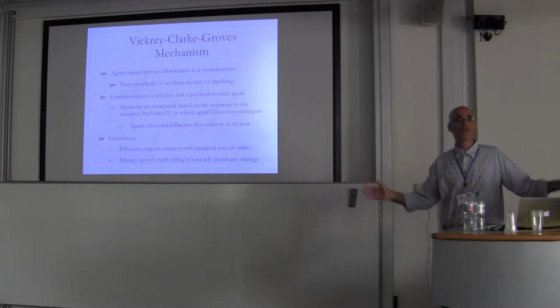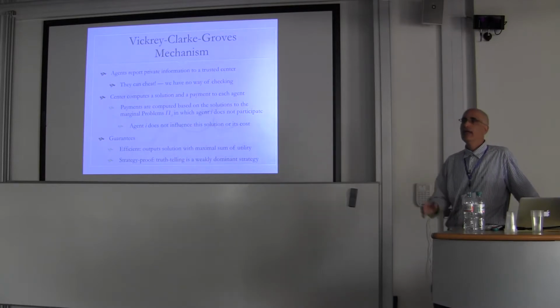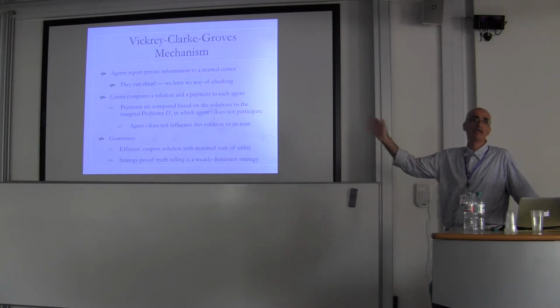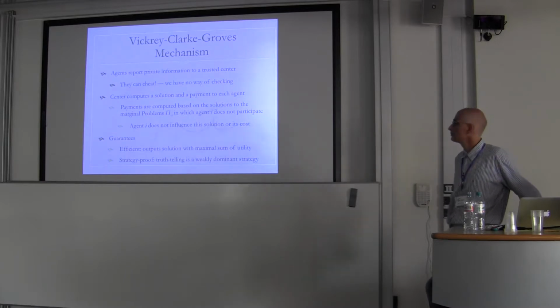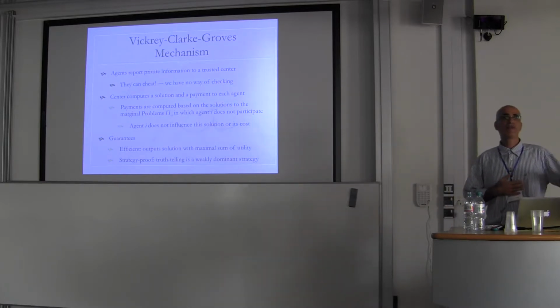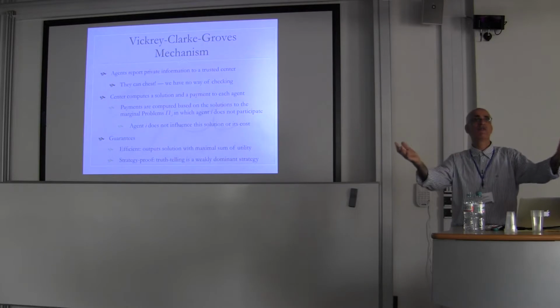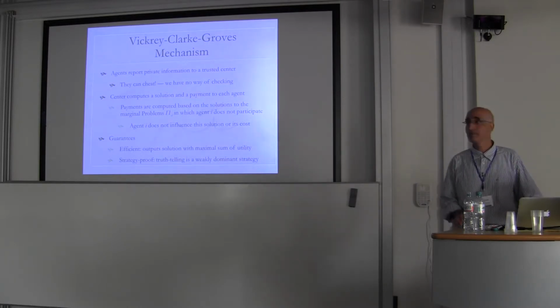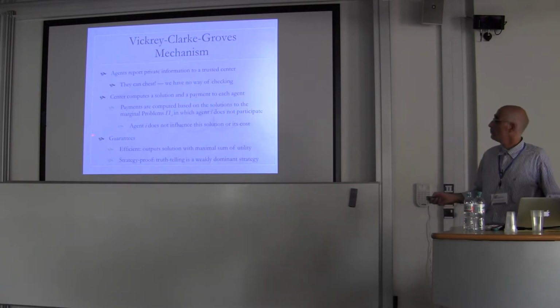Imagine we're all having an auction, and then you take me out, and you do the same auction without me. That is the marginal problem, obtained by marginalizing me out. If I'm out of the problem, then I don't influence the solution. That's an important part of this marginal problem.